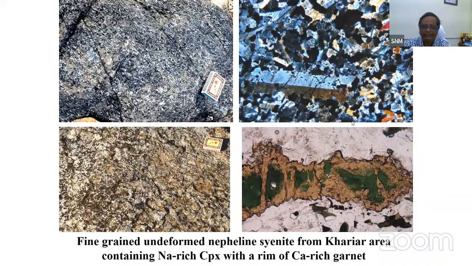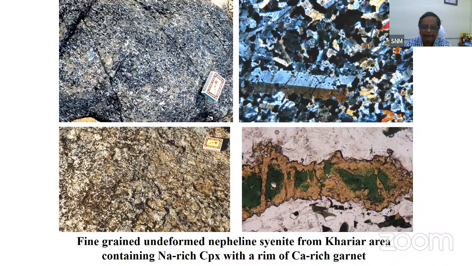But there are patches, there are bodies where there is no deformation. You can see the magmatic signature is there, and some are fine grained too, some are megacrystic also, and these are intrusive into the deformed ones.